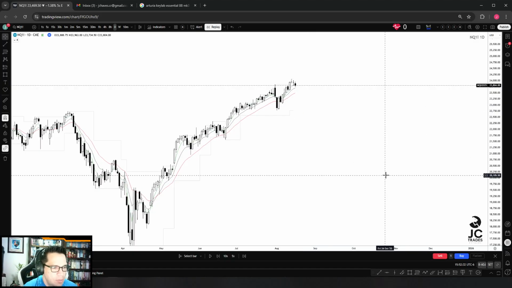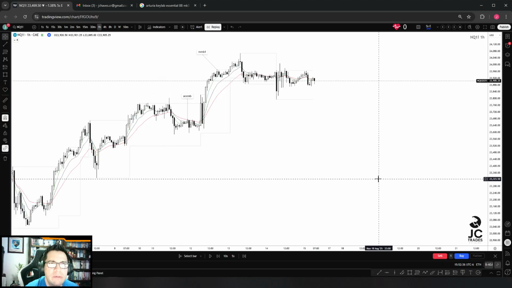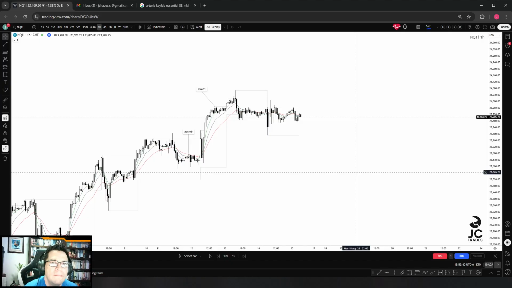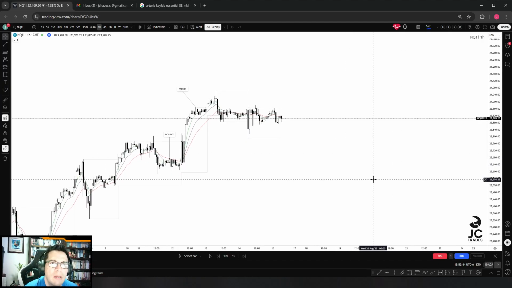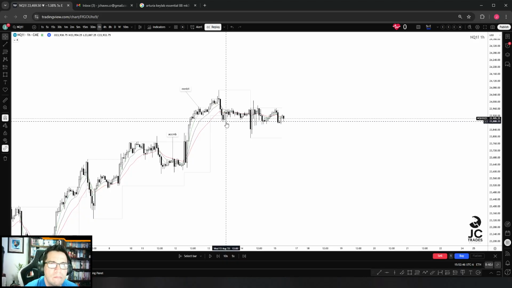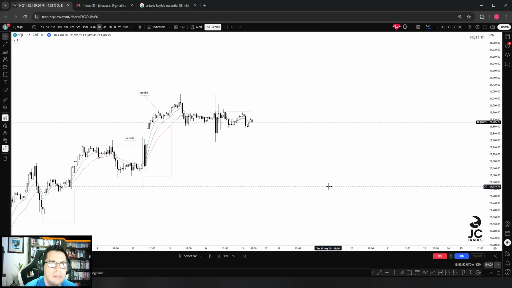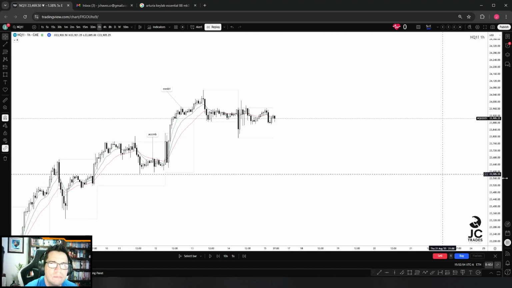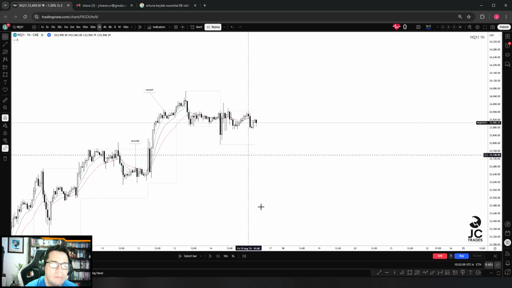So going back to the hourly here, this is where we were right before the start of the session that Friday. And at this point, I would say we have to wait just to be completely certain, or more certain.